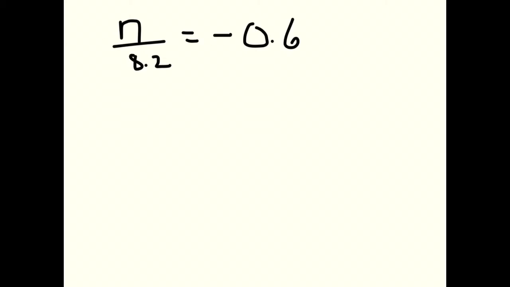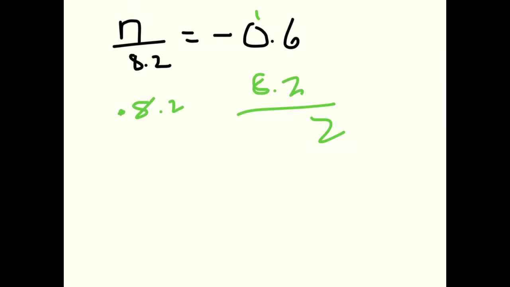First, we're gonna do multiplication. So we have to do 8.2, and we have to multiply that. So that's the dot. And we're gonna have to multiply this by 8.2. And then 2 times 6 is 12.